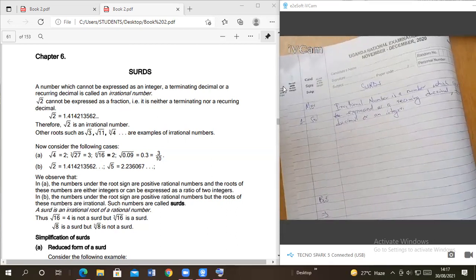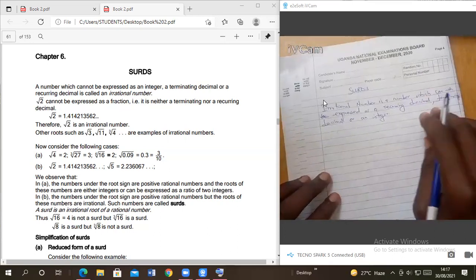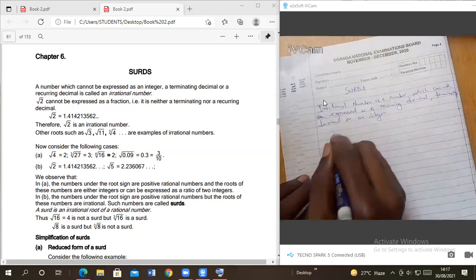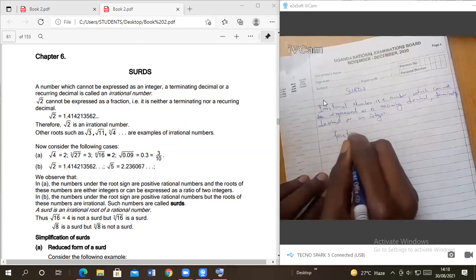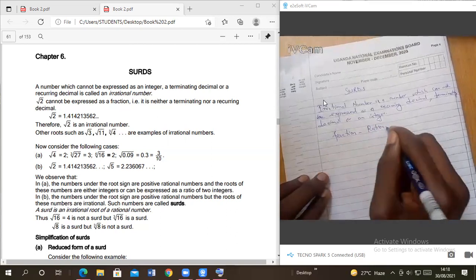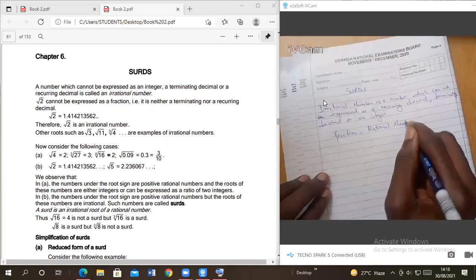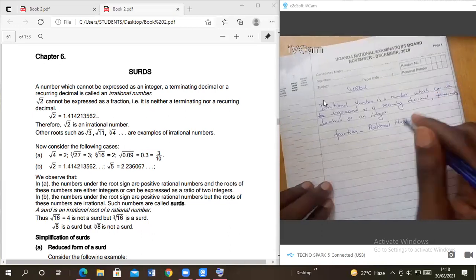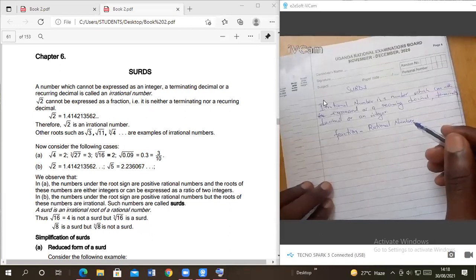The one which we can express as a fraction is a rational number.